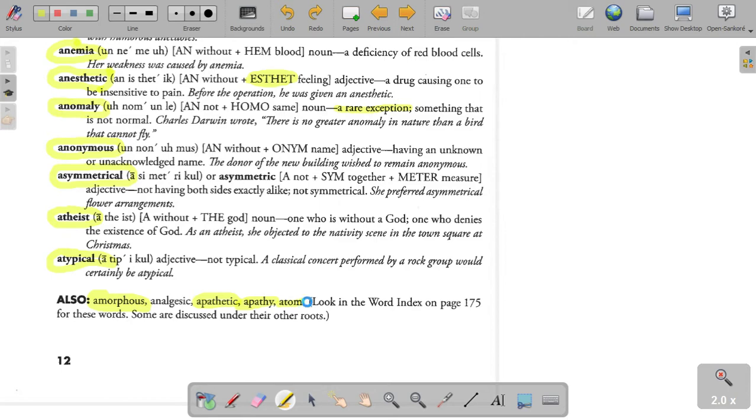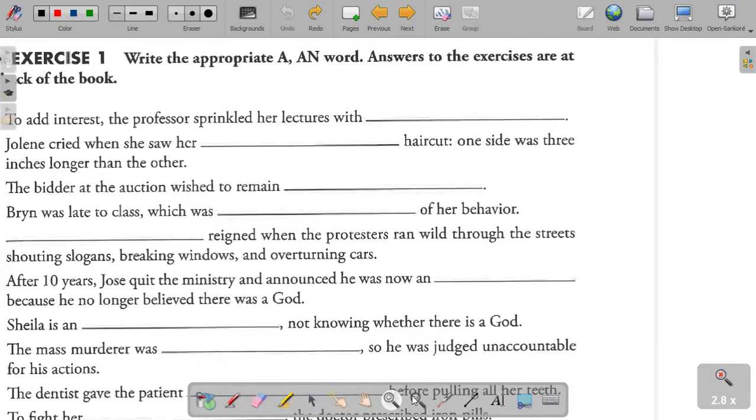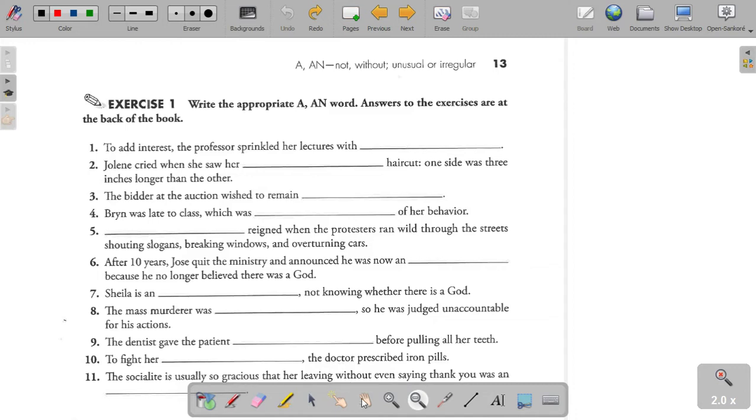Okay, so let's do a little bit of practice with this and see how well you remember. Okay, so to add interest, the professor sprinkled her lectures with what? So what would someone add to a lecture to make it more interesting?